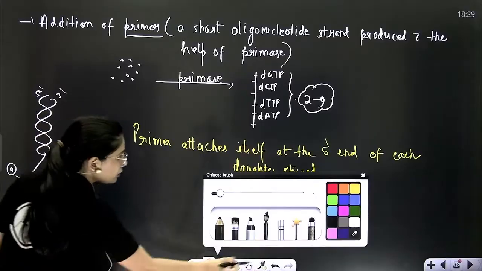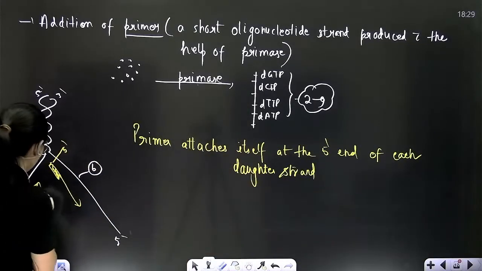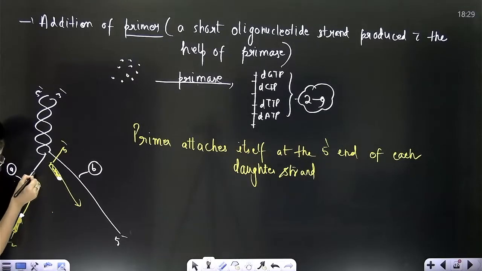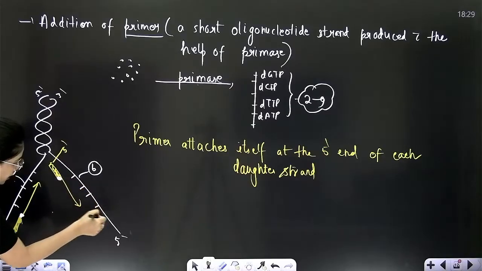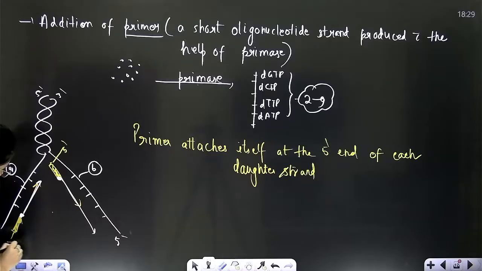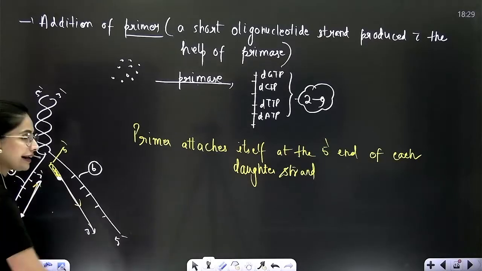So, now DNA polymerase 3 will come, sit on the tip of the primer, start reading the nucleotides and start joining the new strand in complementary manner from 5' to 3' direction.